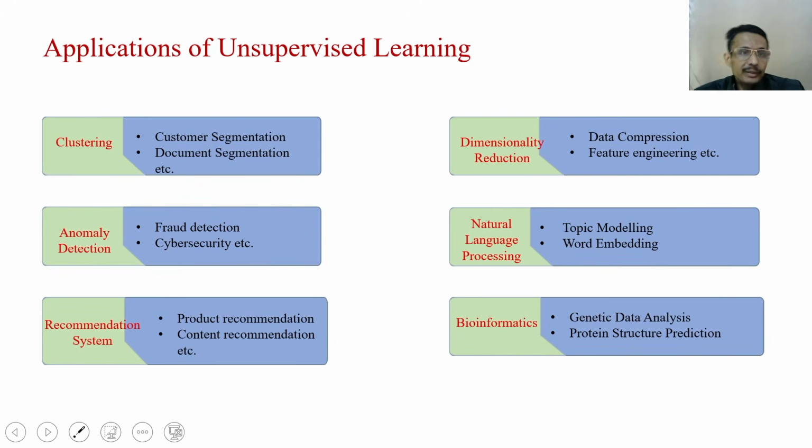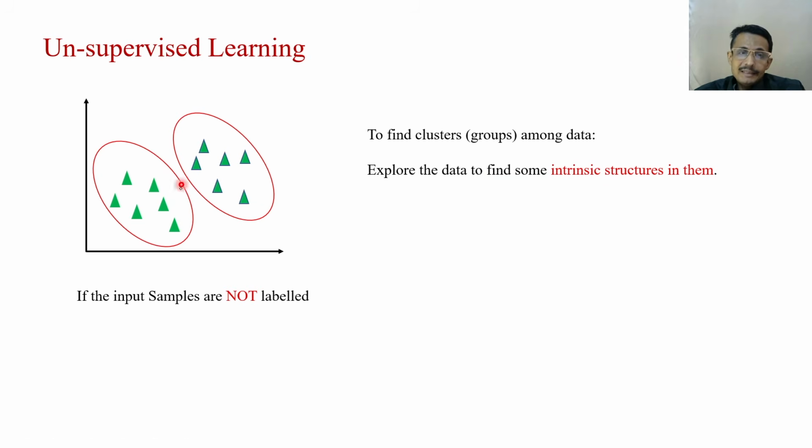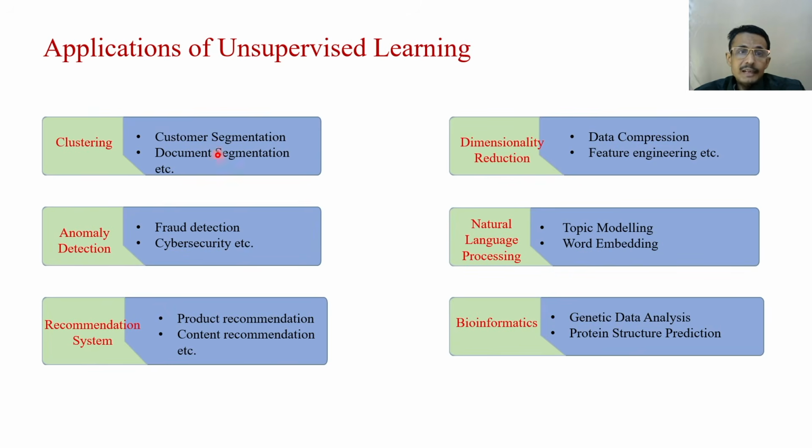Now there are some applications of unsupervised learning. Clustering is one very important application, which is what we have seen here. We'll see later, it is called a clustering algorithm, which basically groups different data. Clustering algorithms are used in customer segmentation, document segmentation, etc. Unsupervised learning is very much used in anomaly detection, fraud detection and cyber security.